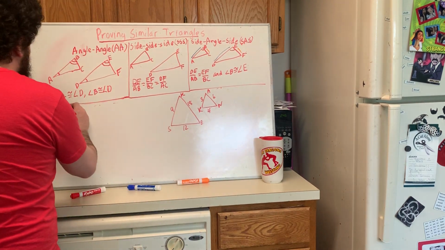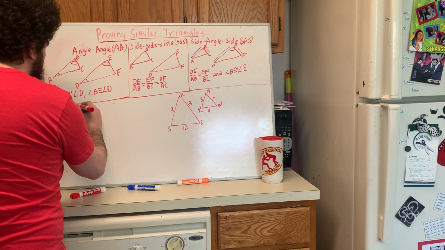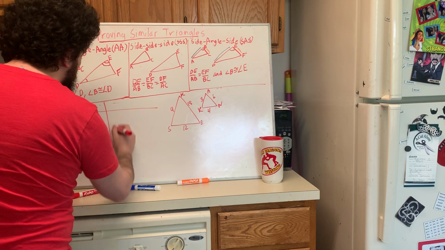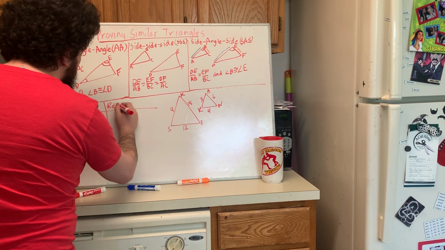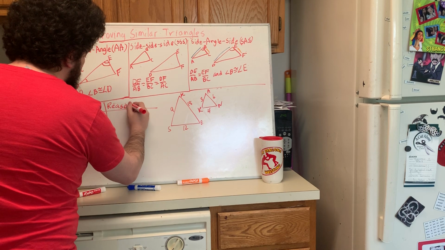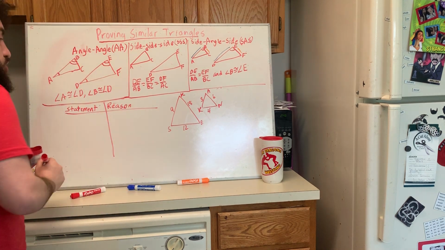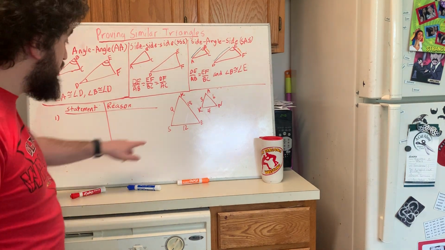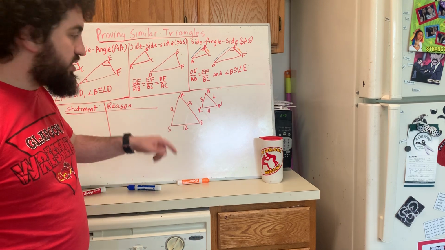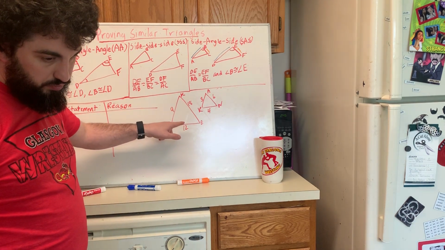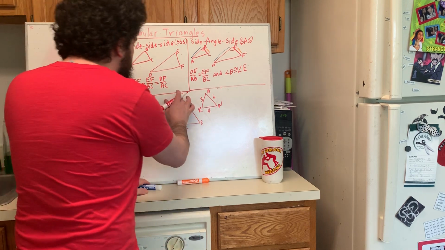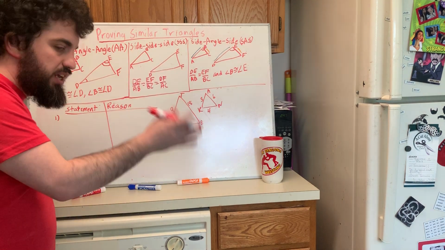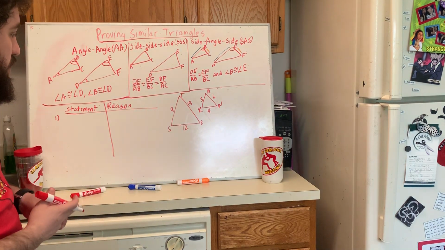So the first thing we're going to do, again, we have our statements in one column and reasons in the other. First, I am literally just going to list out all the side lengths. So I know SK is 9. Oh wait, that's not SK, that's ST. ST is 9, TE is 18, ES, or SE, doesn't matter which way we write it, it's 12.